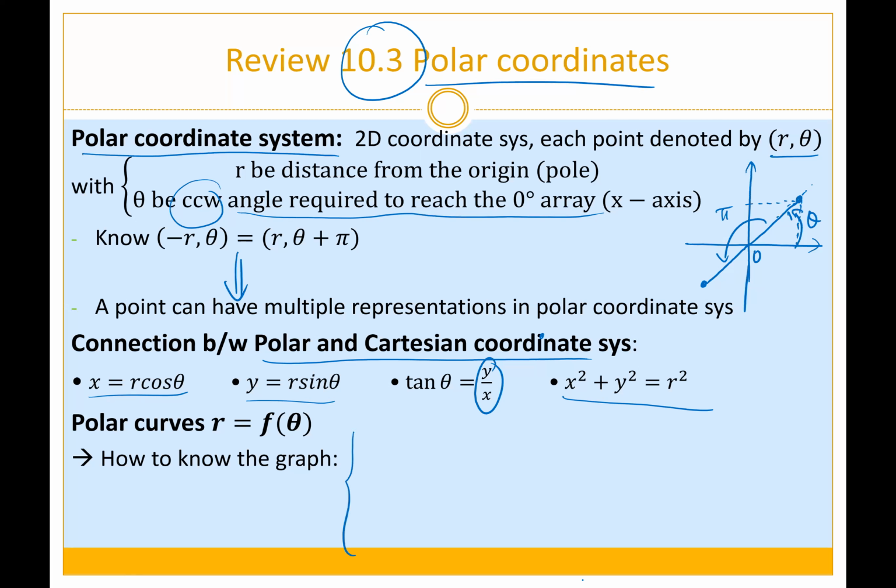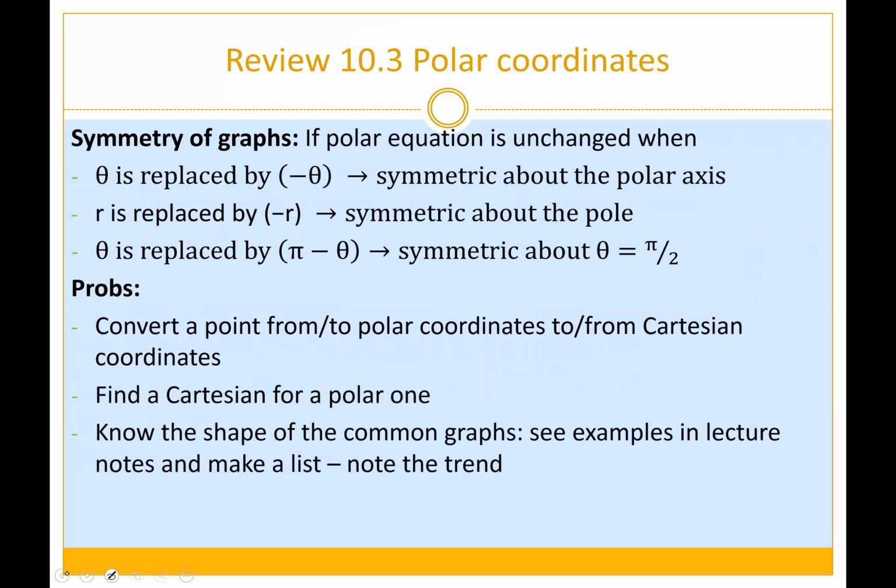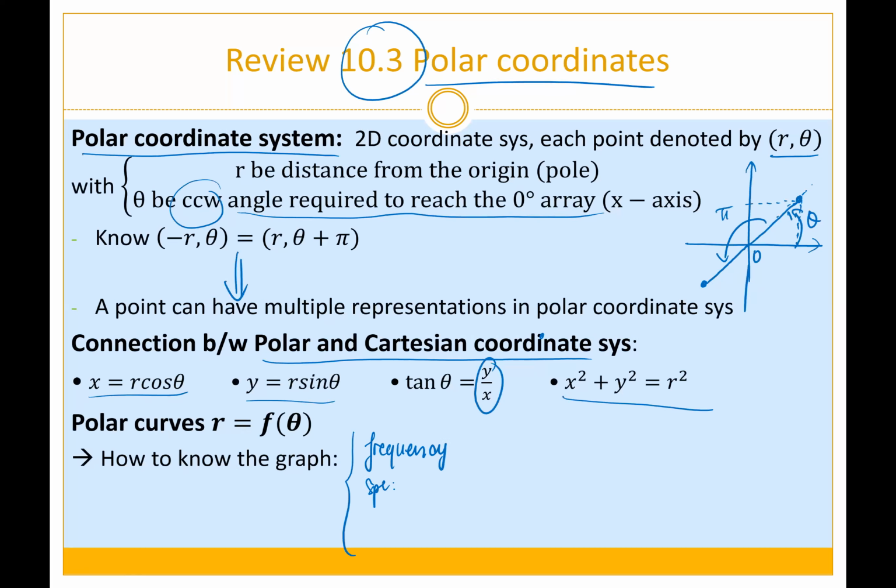Say you were given a list of graphs and asked to choose; you're going to choose based on the frequency. Say if it's theta or 2 theta, you see how many times that graph repeats on the cycle from 0 to 2 pi.